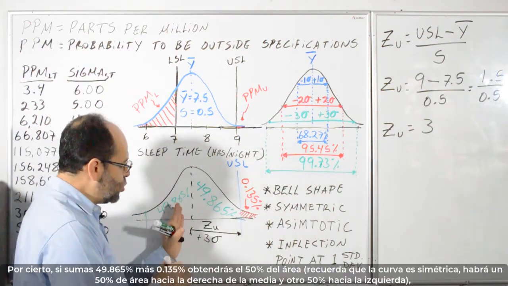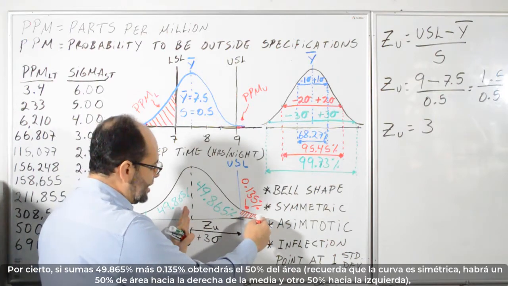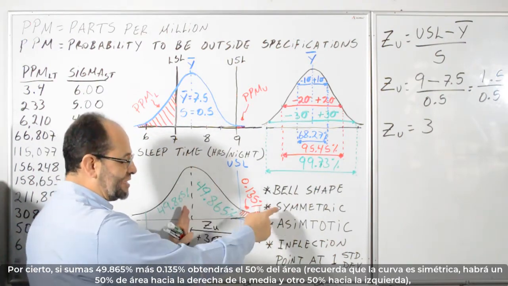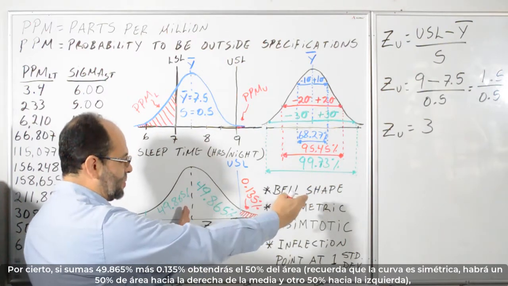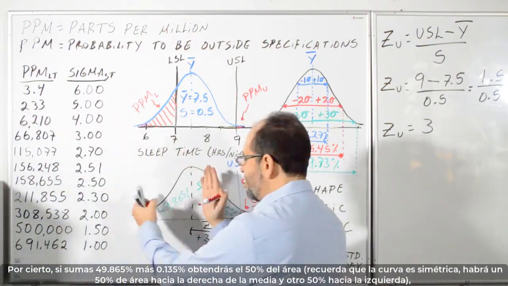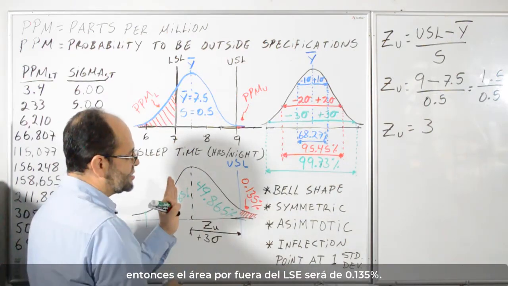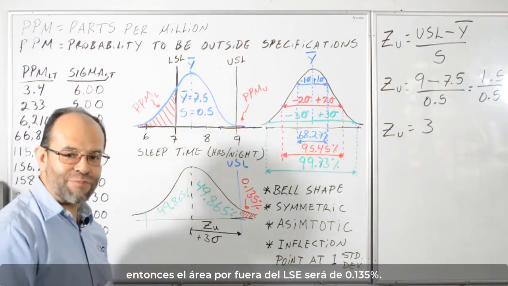By the way, if you add this plus this, that is 50% of the area. Keep in mind that this is symmetric, so 50% will be the right side and 50% the left side. Then this area is 0.135%.